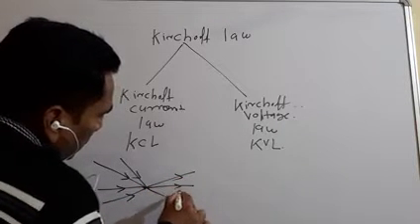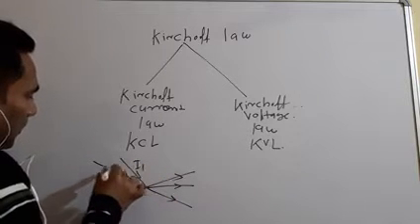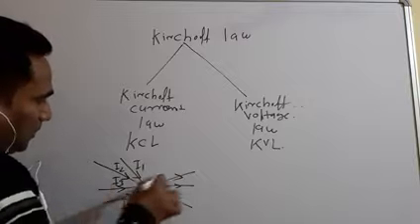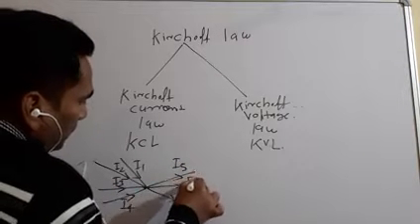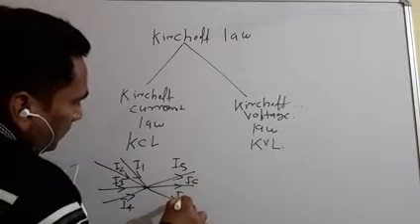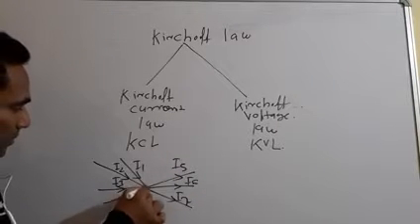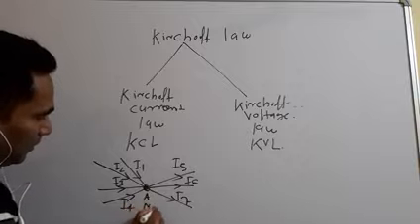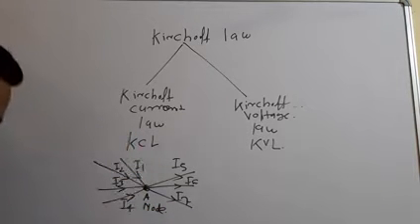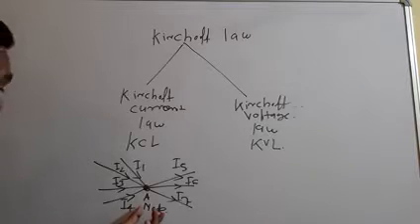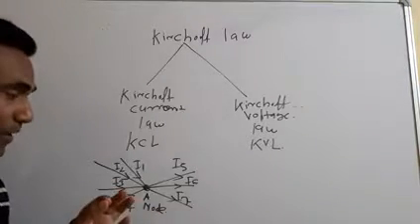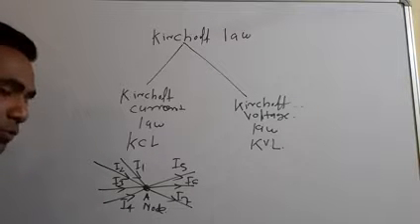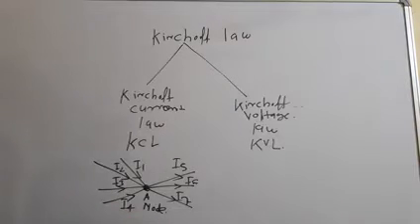So we take an example: I1, I2, I3 and I4 here, and I5, I6 and I7, and this one is A, and A is a type of node. A node is a point where 2 or more electrical elements are connected.